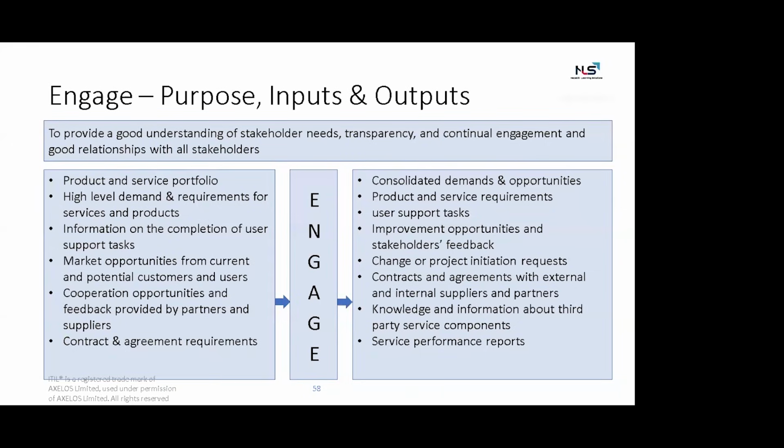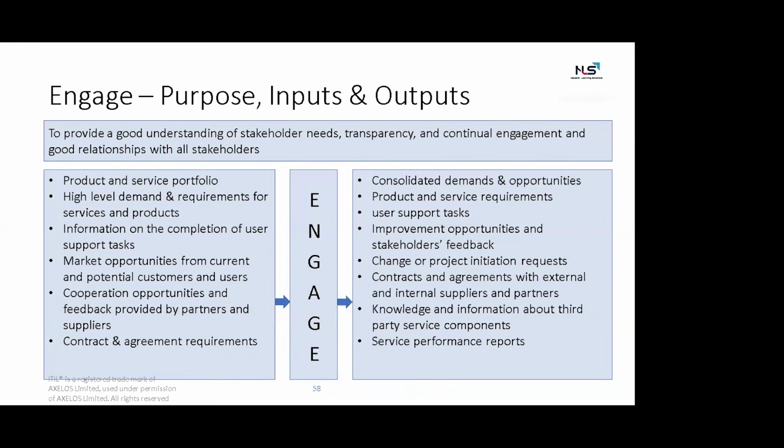Output is consolidated demand and opportunities, product and service requirement, user support task, improvement opportunities and stakeholders feedback, change or project initiation request, contract agreement with external and internal suppliers, knowledge and information about third party service performance report.